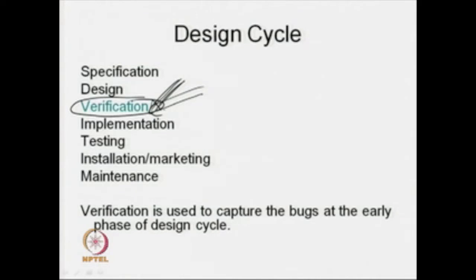We are going to verify the functional property of our device. Once we are satisfied that our design meets our requirement, we go for implementation, and after implementation we go for testing. At the testing point, only manufacturing defects remain, because we try to capture most of the design bugs in the verification phase.